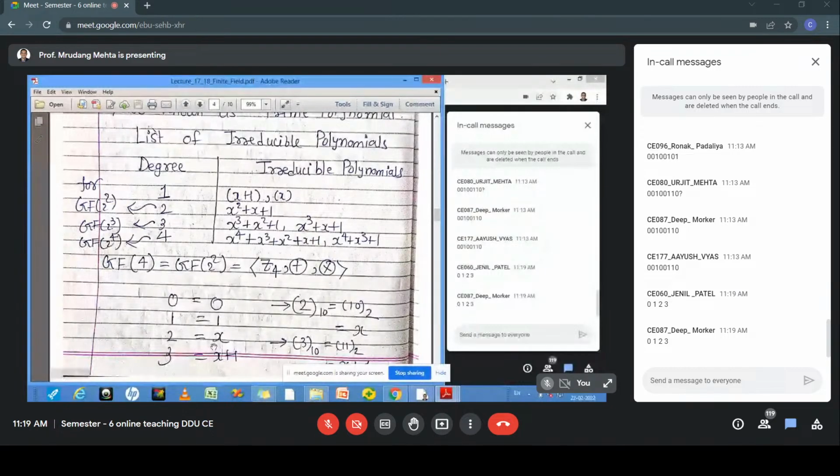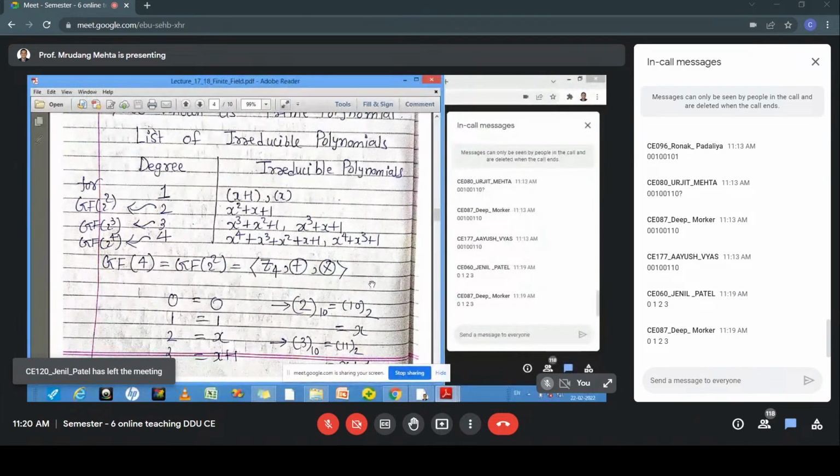Now we want to represent these elements as polynomials. To represent this as a polynomial, we first have to represent it as binary, right? So the decimal 0 is equivalent to 0, 0 in binary.